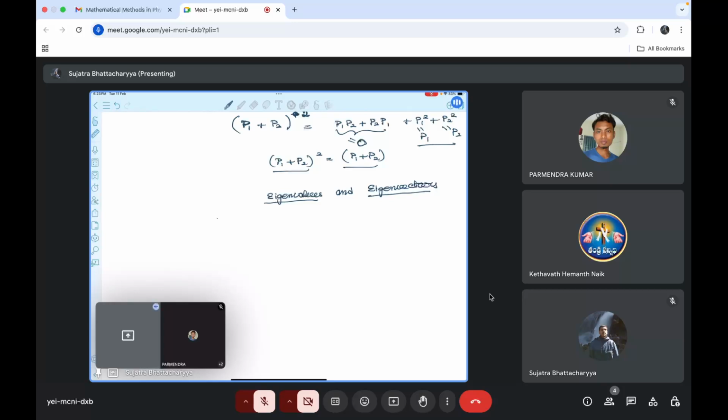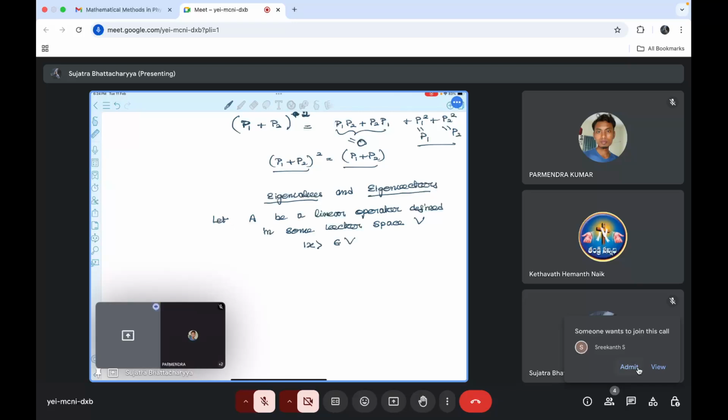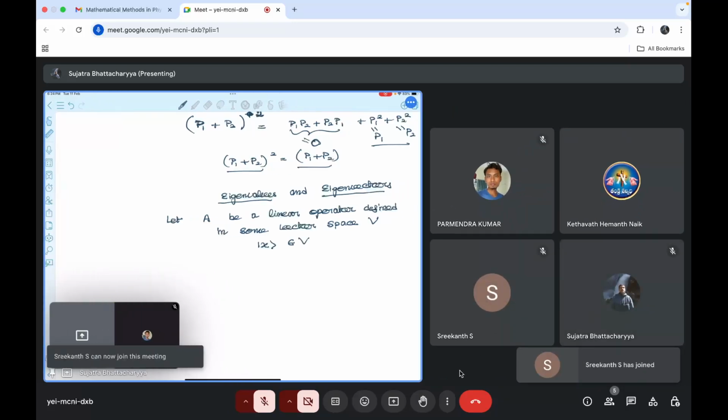So what happens is, let's consider A is some kind of a linear operator. So let A be a linear operator defined in some vector space V. So your X belongs to V. Okay.